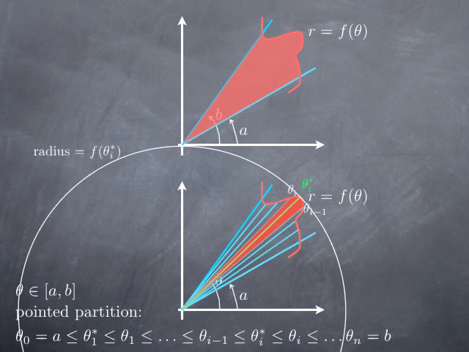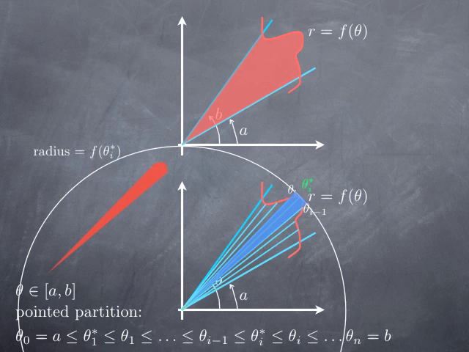So consider the circle centered at the origin and of radius f of theta i star. You see that this area that we are seeking is closely approximated by the circular sector bounded by our two angles theta equal theta i minus 1 and theta equal theta i, and of radius f of theta i star.